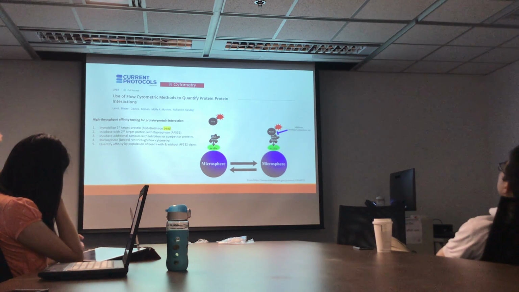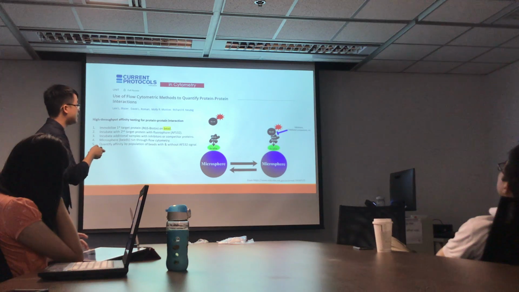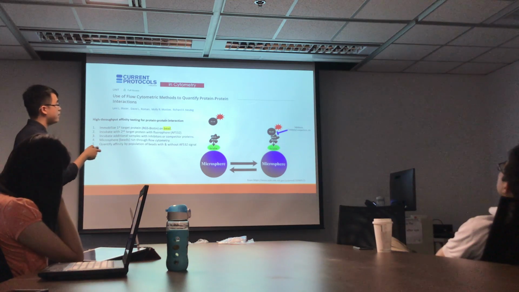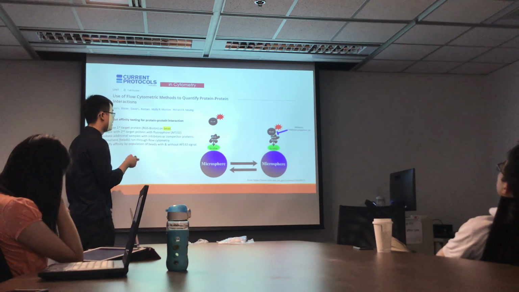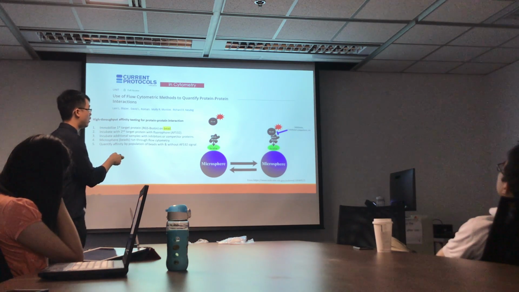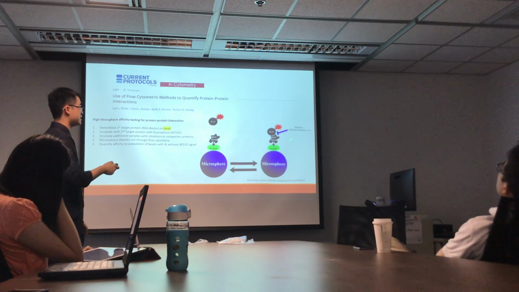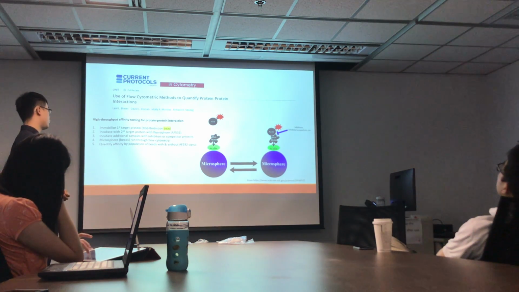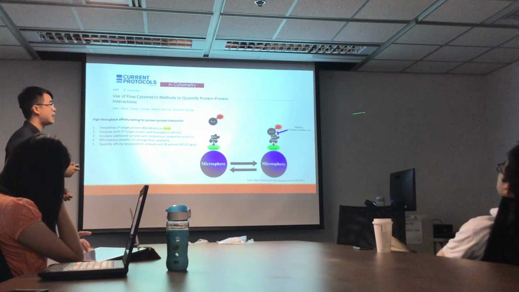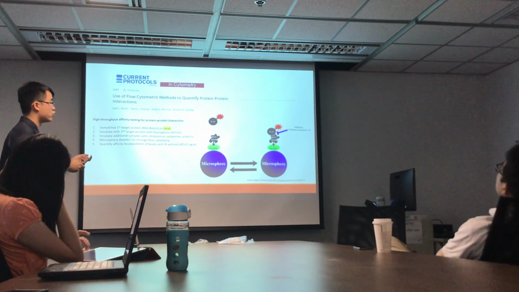The second step is to incubate the second target protein with a fluorophore. The second target protein here is G alpha O, and the fluorophore is called AF532. Before doing this, they first incubate the first protein with a bead, and then they incubate the second protein with the complex of the first protein and the beads to see if they can interact and bind. They also use additional samples, such as inhibitors and competitor proteins, to see if they have a stronger affinity than the second protein for the first protein.